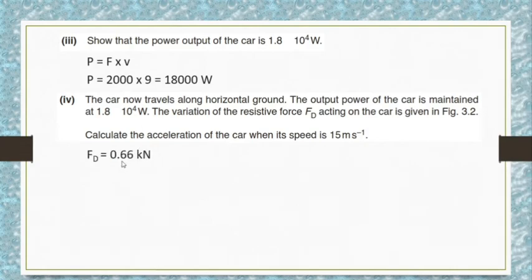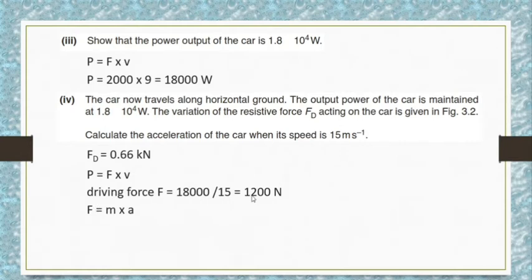So Fd is equal to 0.66 kilonewton, and P equals F times V. The driving force itself is this P, power 18,000, divided by 15. Now the driving force is 1,200 newtons only. Before it was 2,000 newtons.